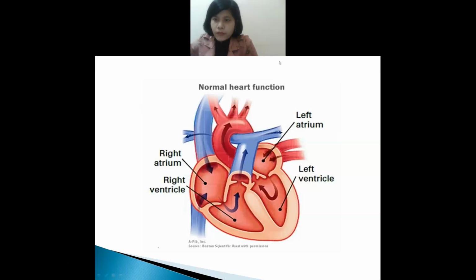Since it is near to the aorta, aortic valves, ma'am. Okay, this one? Pulmonary. You say pulmonary. Sorry, ma'am. Those are pulmonary valves. Okay.